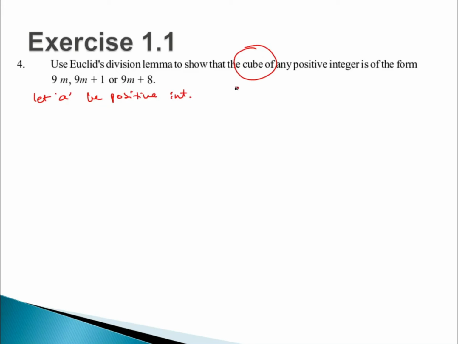Now, by using Euclid's division algorithm, I can say that A equals BQ plus R. Here the value of R is from 0 less than or equal to R less than 9, meaning the options of R may be 0, 1, 2, 3, 4, 5, 6, 7 and 8 only.